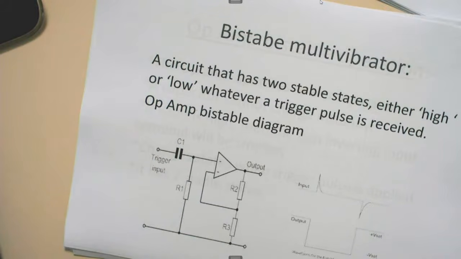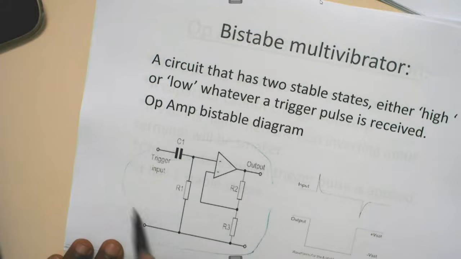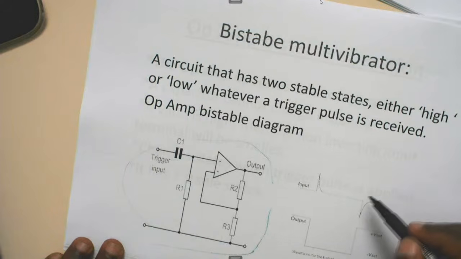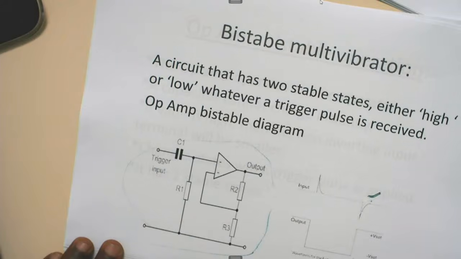A circuit that has 2 stable states, either high or low, when a trigger pulse is received. There is a circuit of the op-amp bistable multivibrator, and here is the input with the spikes, then the output with the square.